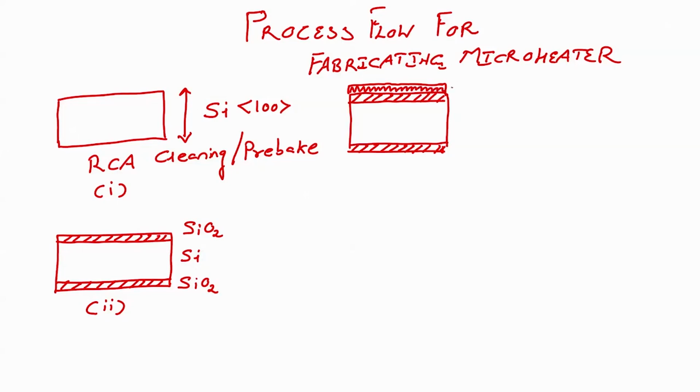Let us say this material is nichrome, this is my SiO2, silicon, SiO2. Next step, what is the next step? This is step number 3, so next is step number 4.